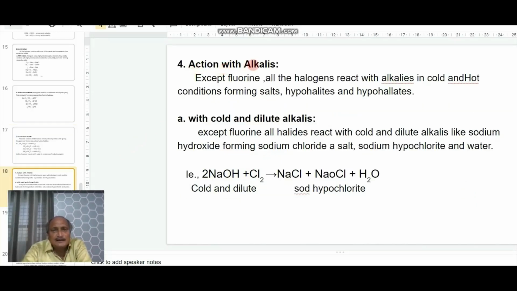Action with alkalis. Except fluorine, all the halogens react with alkalis in cold and hot conditions, forming respective salts and also hypohalites and hypohalates.